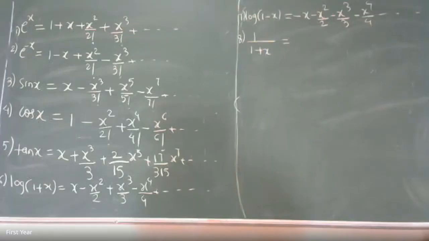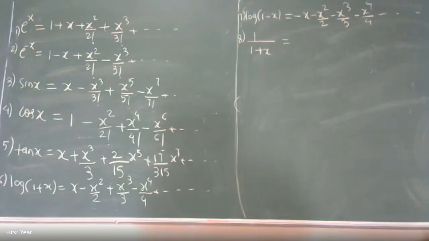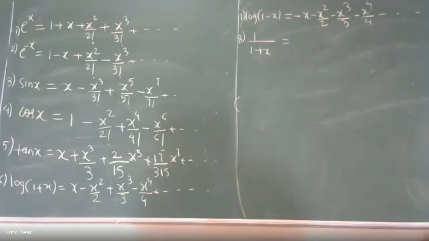x square upon 2 minus x cube upon 6. You're telling the final answer. Yes, x square upon 2. I don't think so. It will start with a constant, it will start with 1. Derivative of log 1 plus x.